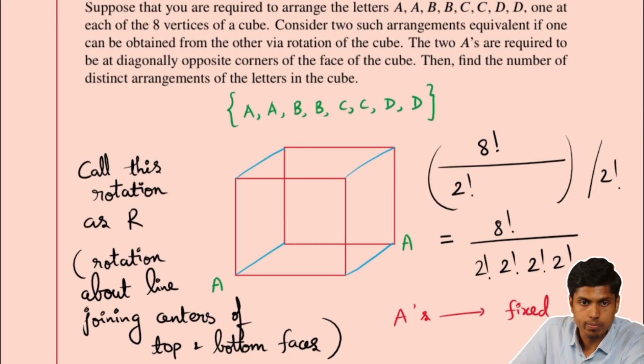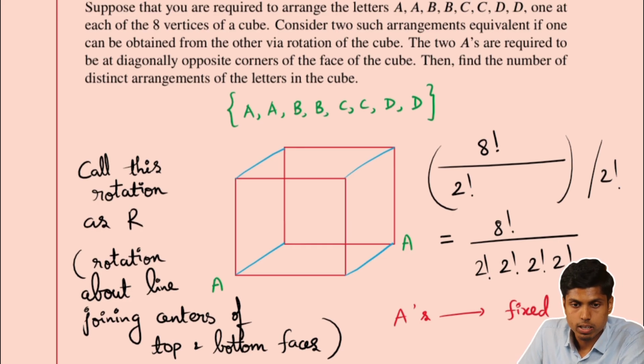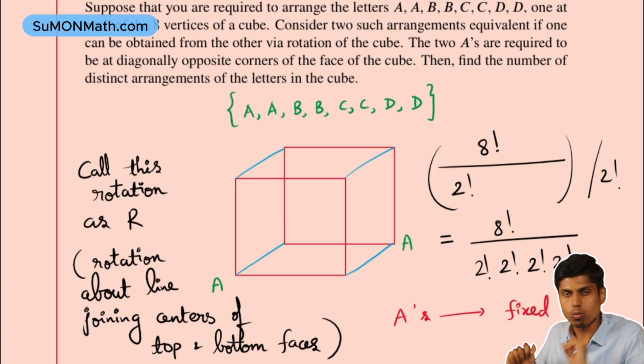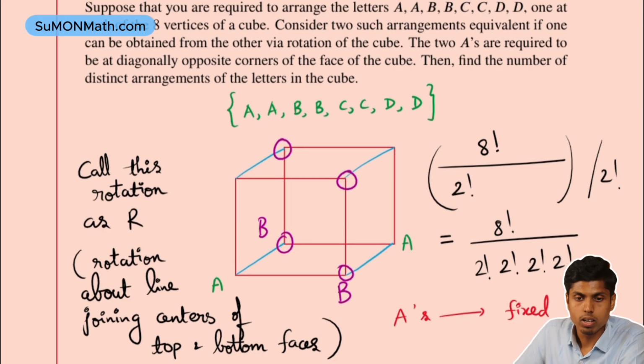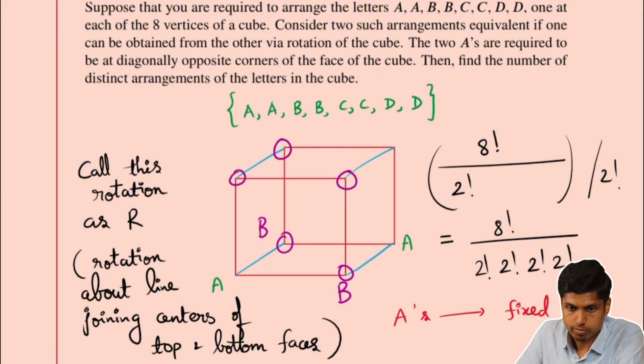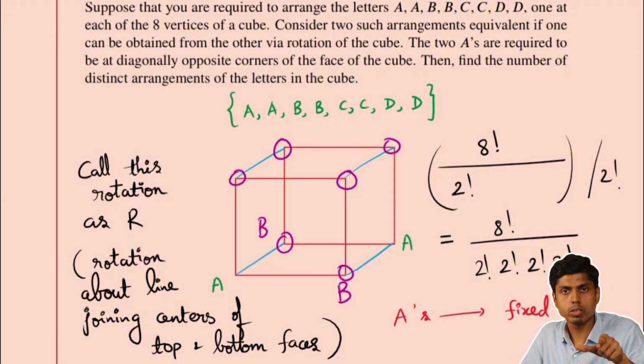Now let's consider the possibilities for B. There are three places of B that stand alone. What are they? Suppose you fix B here and B here. Or you fix B here. Or you fix B and B here. These two are diagonally opposite points of a particular face of the cube.